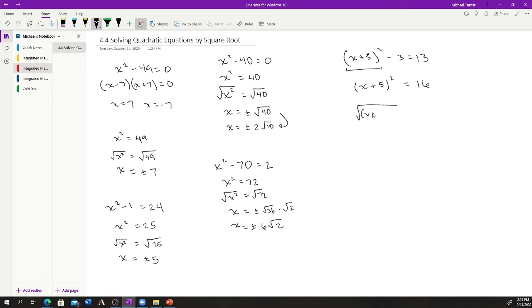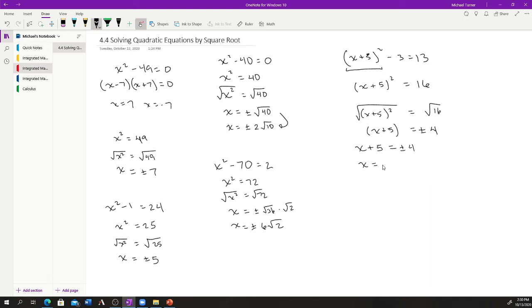Just like before, if you want to write this middle step, you can. The square root and square cancel out, which leaves you with x plus 5. And then the square root of 16 is plus or minus 4. There's no exponent anymore, so I can drop the parentheses. Okay. I'm going to get x by itself.